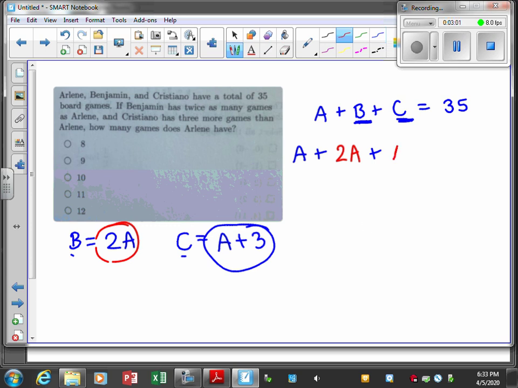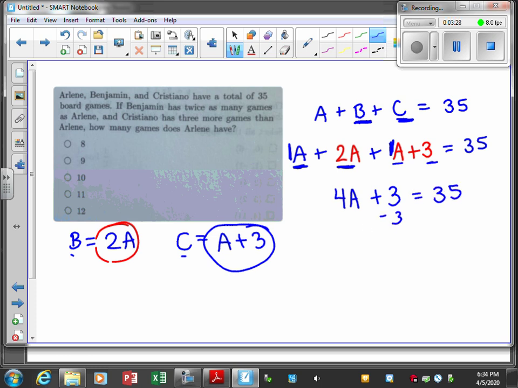So substitute in A plus 3. Now this is 1A, 2A, so 2 plus, there's a known 1 here, so 2 plus 1 is 3. There's a known 1 here, so that's 4A. Add like terms. 1, 2, 3, 4. 4A plus 3, don't forget that, equals 35.